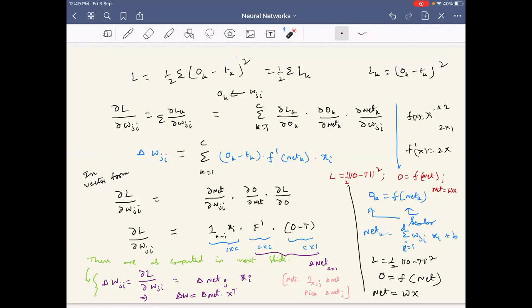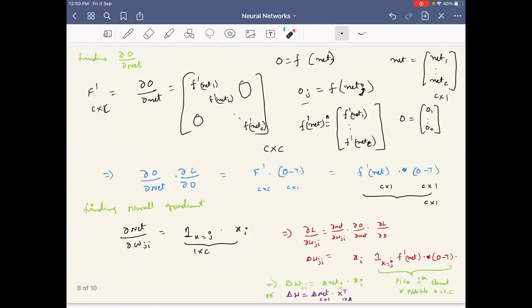Okay, and then dou O by dou net, both are vectors here. Since both are vectors, the derivative will be a matrix. However, Ok is related only to net k, and hence, if we look carefully, dou O by dou net becomes a diagonal matrix, because Oj is related to f of net j; O2 is not related to net 1.